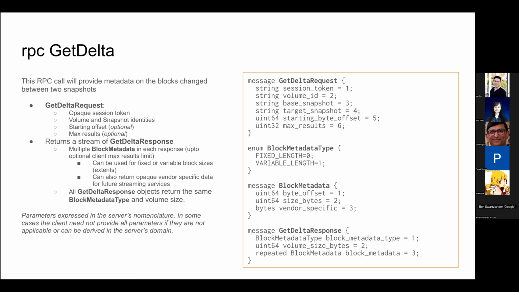The only benefit that fixed length could possibly have over variable length is the ability to omit the size with every single block. And if you don't omit the size, then you haven't gained anything, and you may as well always do variable length. So that suggests to me that we should just make this an extent-based API and say you can smuggle in fixed length by having every variable length one have the same size, right?